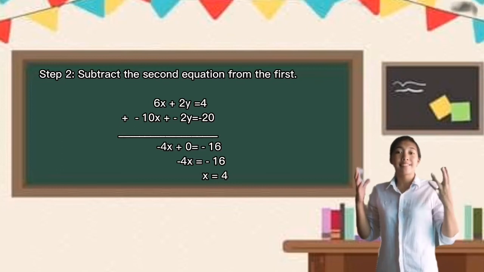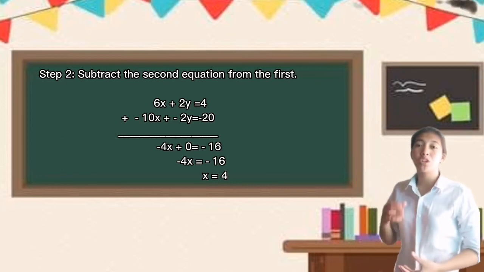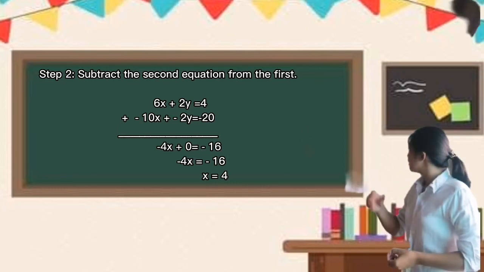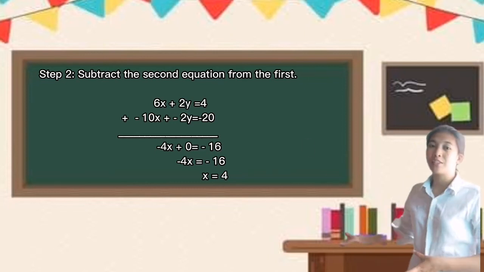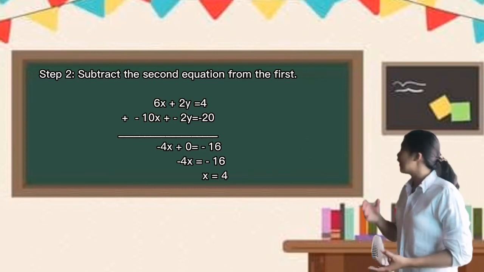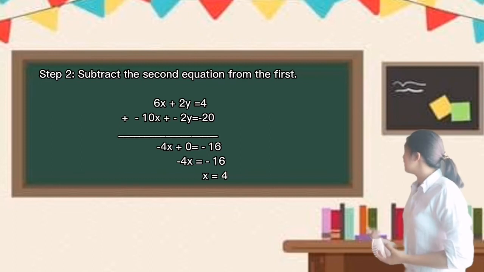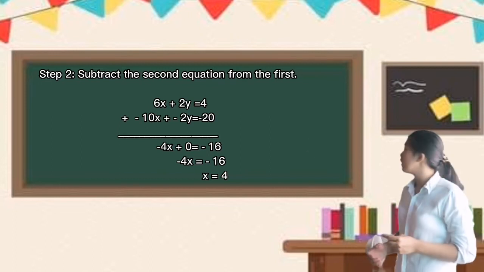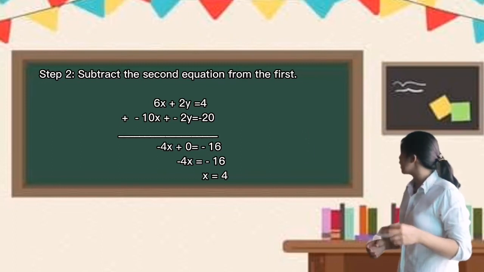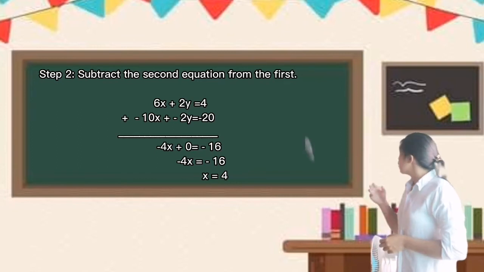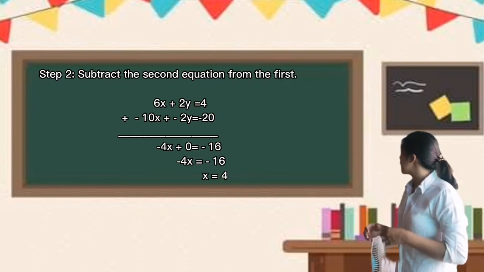So next step, we need to subtract the second equation from the first equation. In order to eliminate one variable of both equations, we need to add or subtract one equation from another.